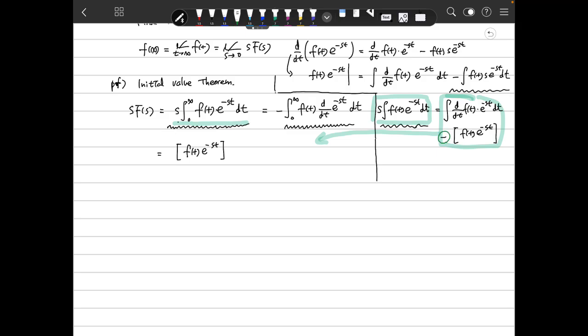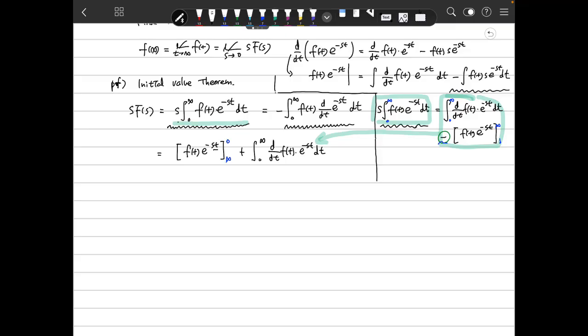Because of the minus, we can define the range as 0 to infinity, but because of the minus, we change this to infinity to 0, plus the integral from 0 to infinity of d/dt f(t) e^(-st) dt. When t is infinite, it will be 0.